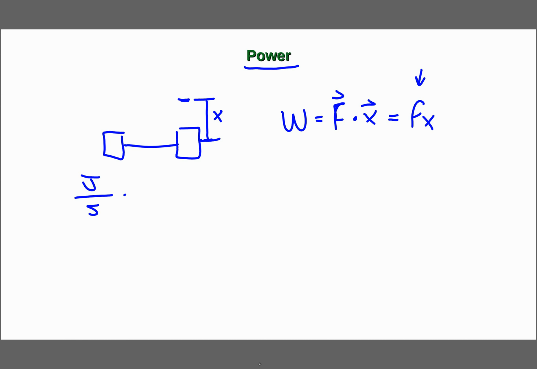We call this unit W, the watt. And a watt, as we see, is joules per second. So it's a rate of work, in this case, a rate of changing the kinetic energy of the bar.